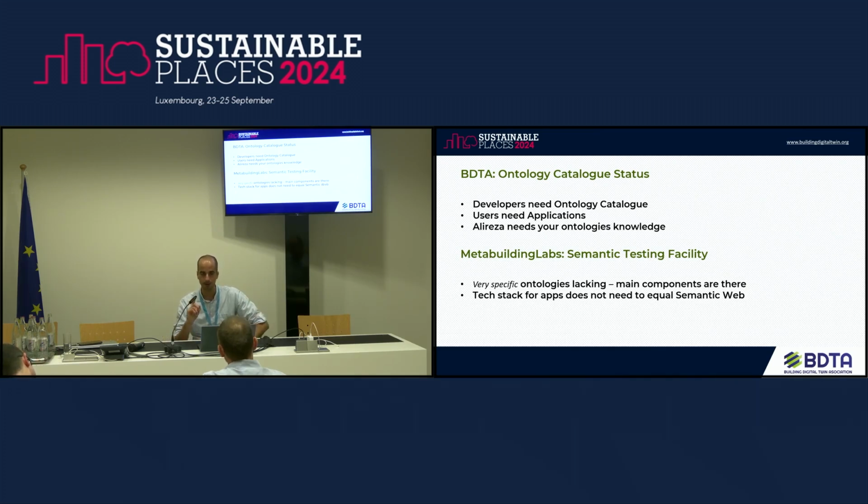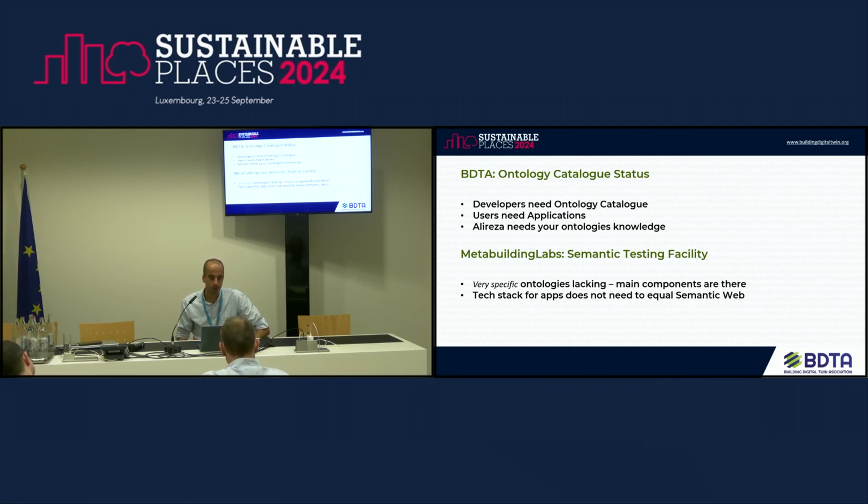And there's one other thing that's needed: Alireza needs your input and your knowledge on ontologies in the field. Just like we reuse knowledge by others inside our ontologies, knowledge on ontologies is also quite distributed among us. So please help BDTA and Alireza make the catalog complete and include your knowledge.